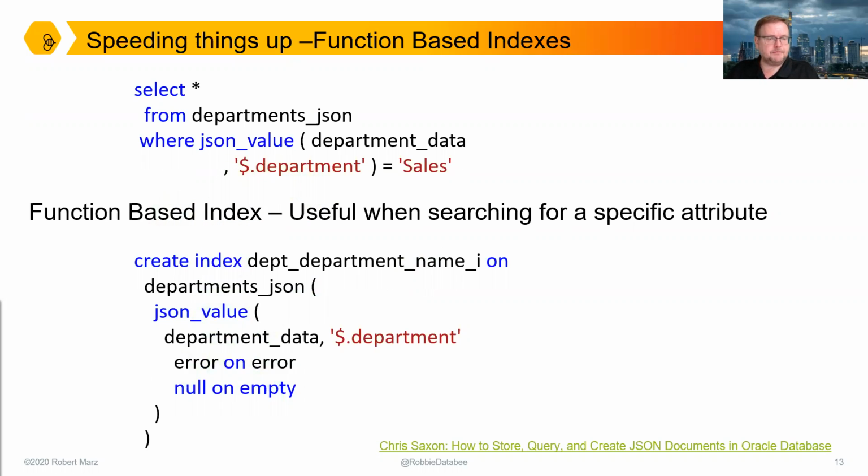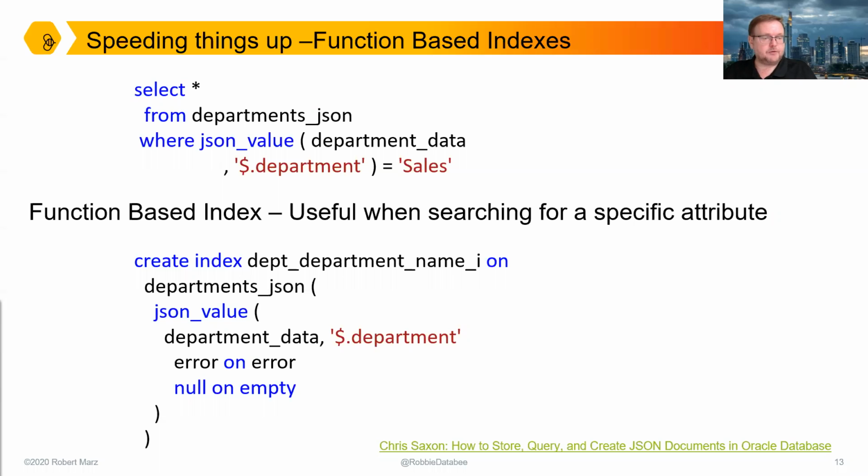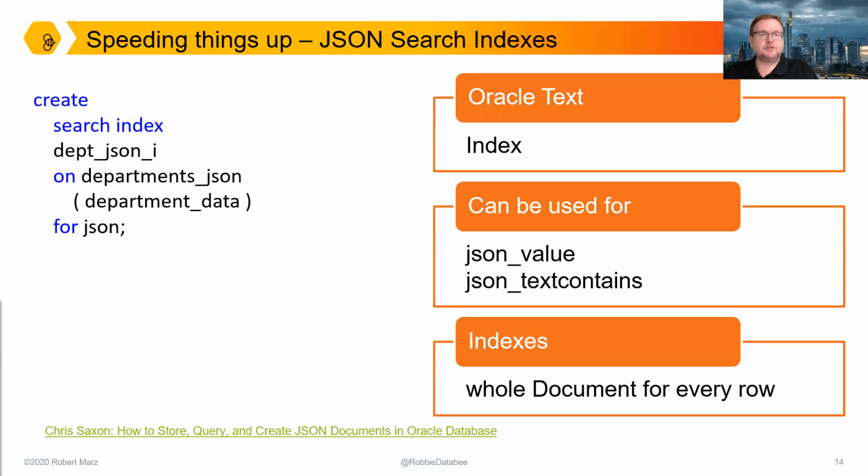This will speed up the query a lot, but only queries on this special field inside your JSON documents. If you want to speed up searches in general, you probably want to use a search index, using Oracle Text. Oracle Text is a cost-based option for the Oracle database, but for the purpose of searching JSON, it comes for free. So you can use this without any license costs.